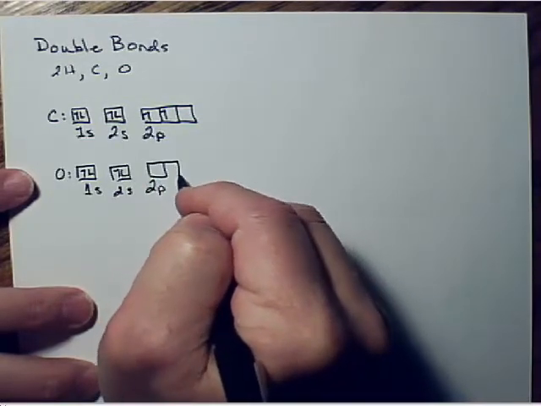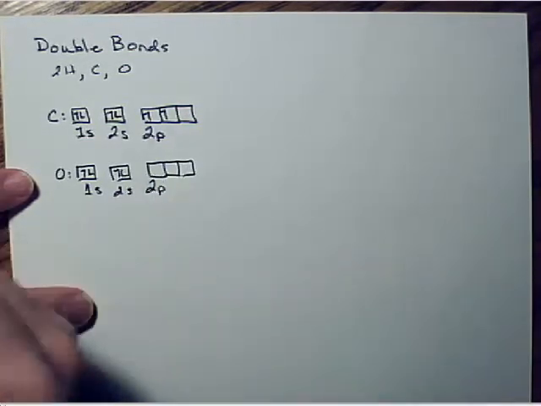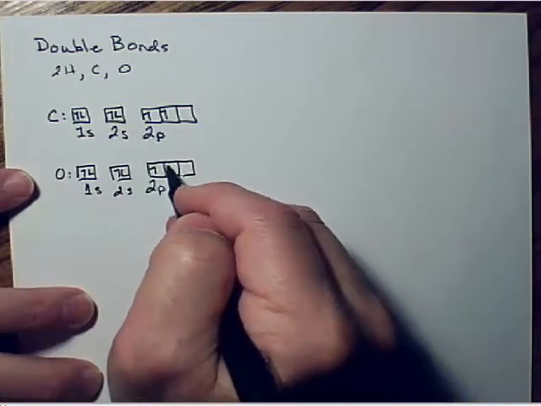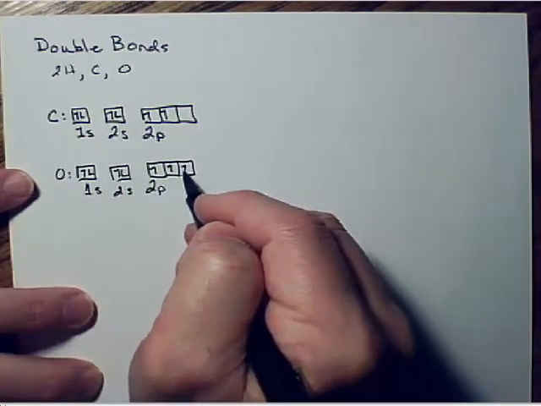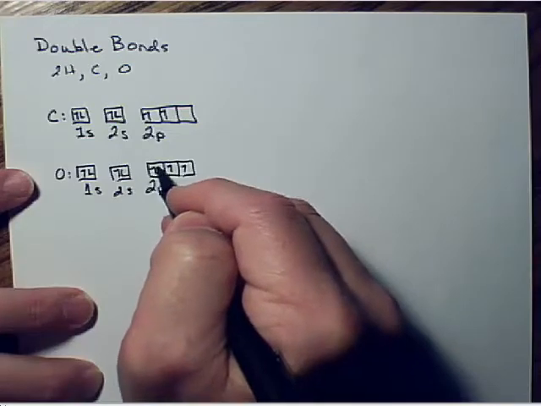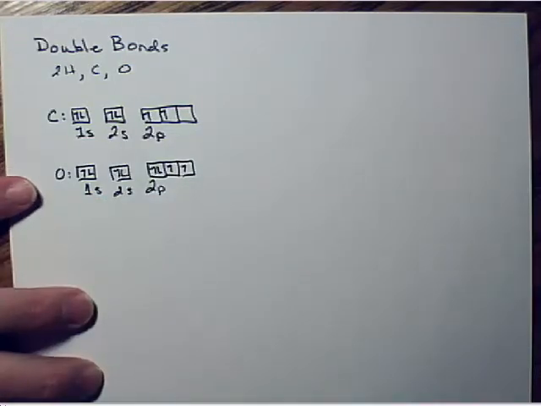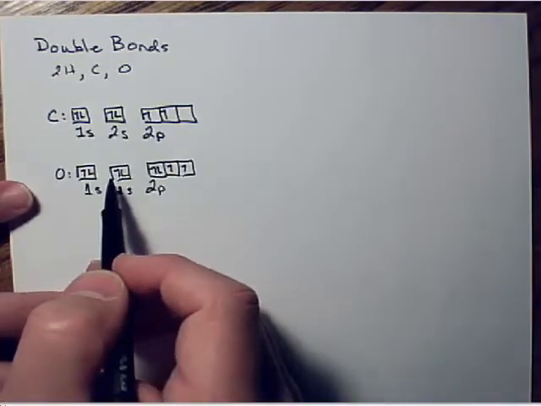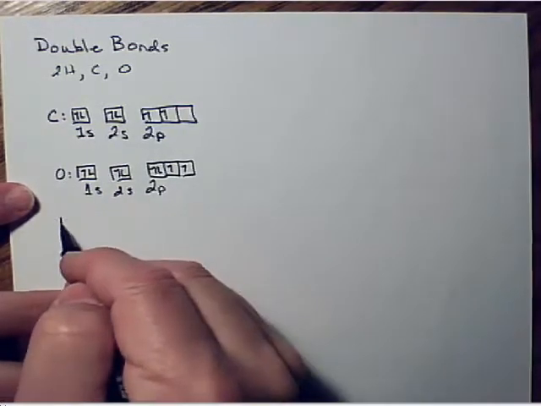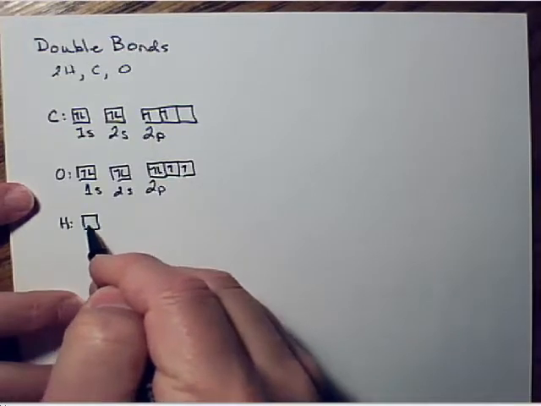And remember, whenever you get to a sublevel with more than one orbital, you put one electron on each orbital, and then if you need more than those electrons, you can pair up, always starting from the left. Okay? So this is the orbital notation for carbon and oxygen. Hydrogen simply has just one electron.